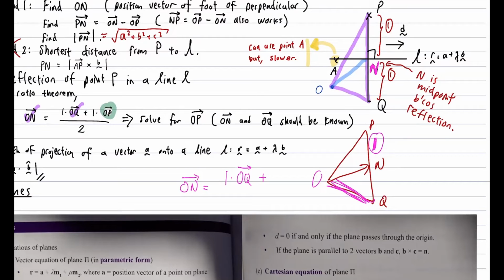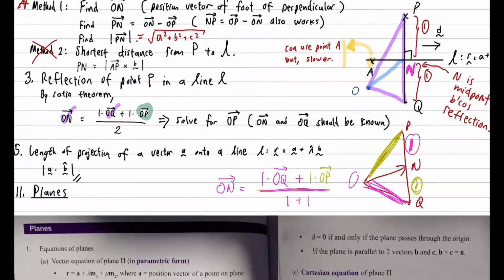Let's say green color. This one ratio 1, and then this vector here opposite. Can see? 1 times OP. Then all divide by what? All divide by 2. How do you get 2? It's really just the sum of the ratio. Here 1, here 1, so 1 plus 1 simplifies to 2, which is exactly what I got here.